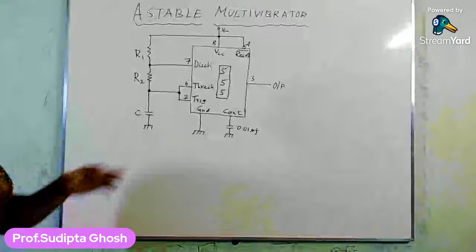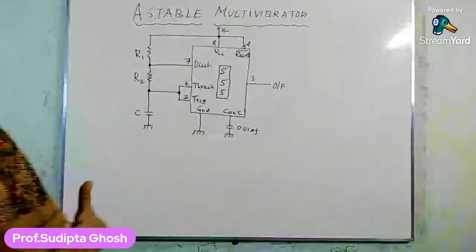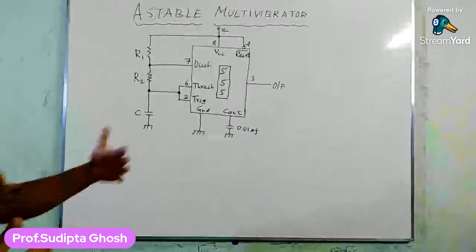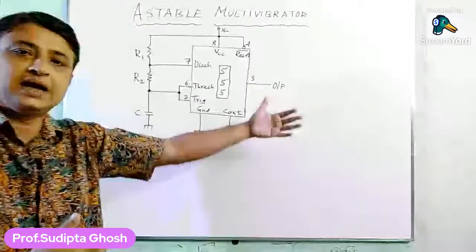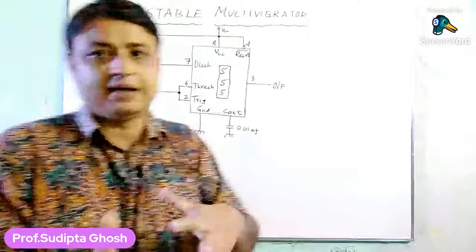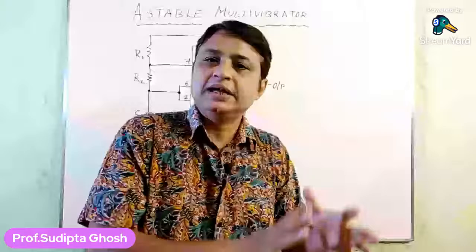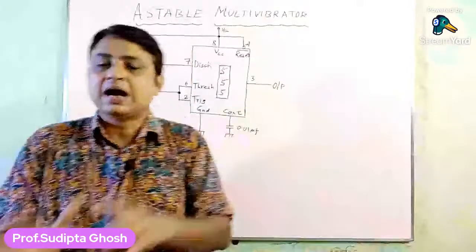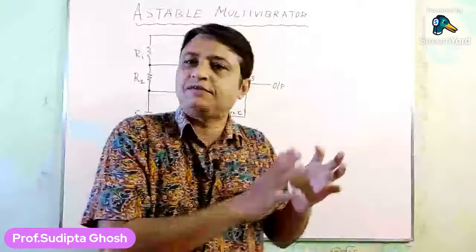Initially the capacitor was shorted to ground. Now as the output voltage of the 555 timer is high, it will make the discharge pin disconnected from ground.